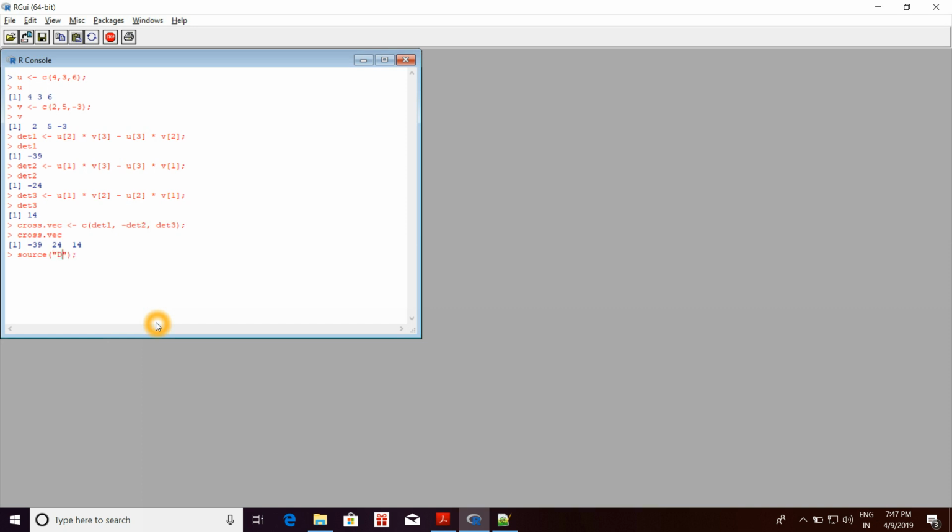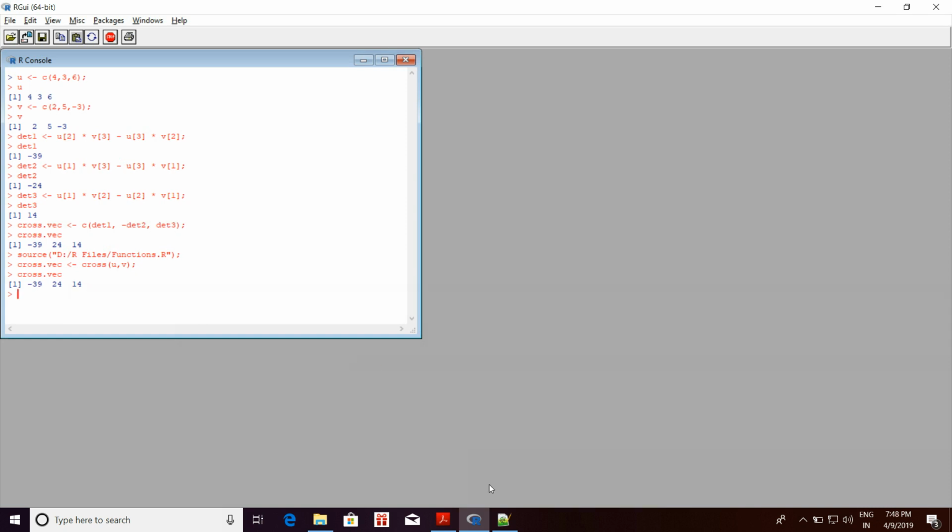Source is inside D, R files and function R. So it is loaded, and then we'll call the function cross u and v. So cross.vec will be minus 39, 24, 14.